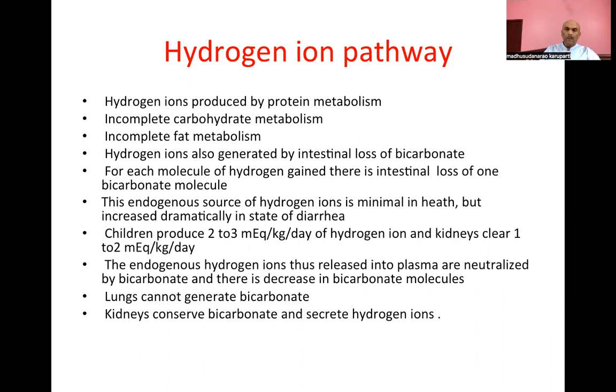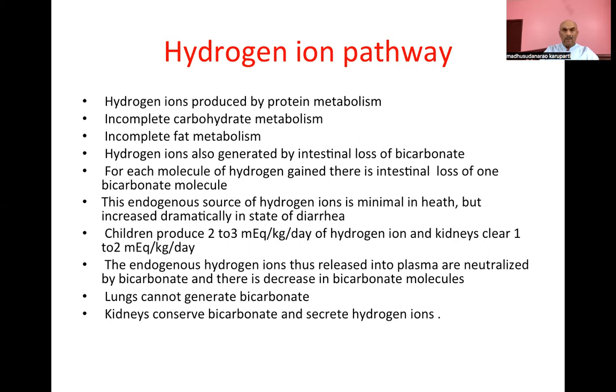But in health, normally, when one hydrogen ion is lost, one bicarbonate ion is retained. When one bicarbonate ion is secreted in the small intestine, one hydrogen ion is secreted into the gastric juice.